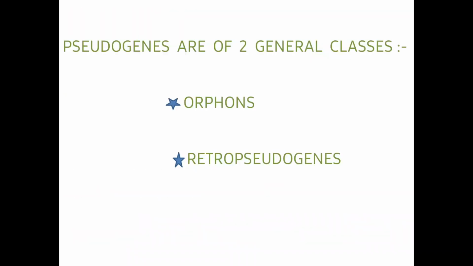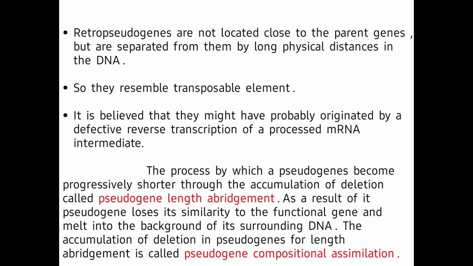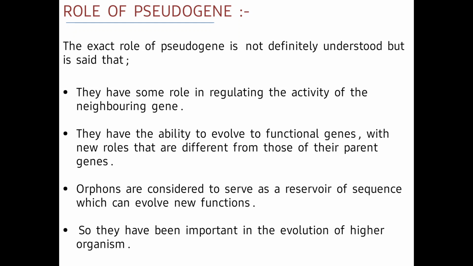Then there are two general classes, orphans and retropseudogenes. If we compare orphans and retropseudogenes, it will be easy for us to learn. And then we discussed their role, which is not exactly understood, but it is mainly important in the evolution of higher organisms.